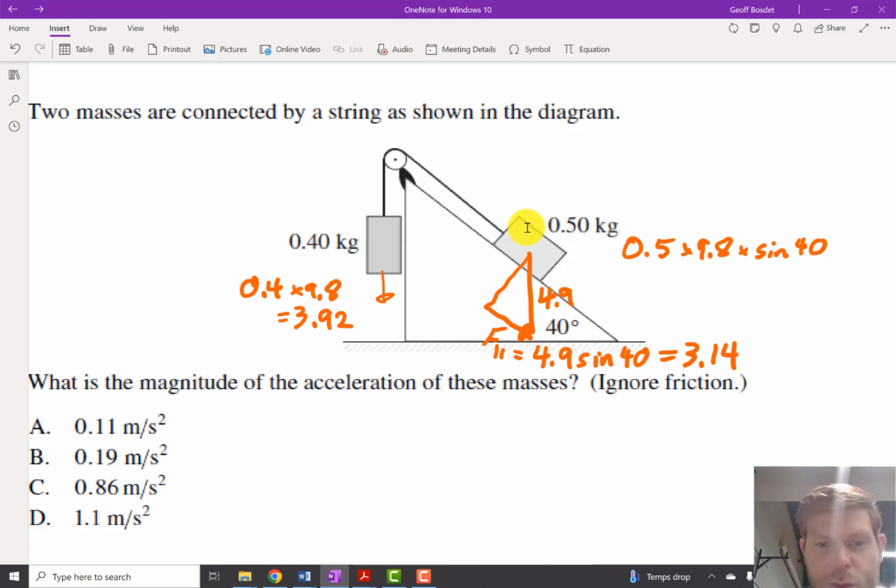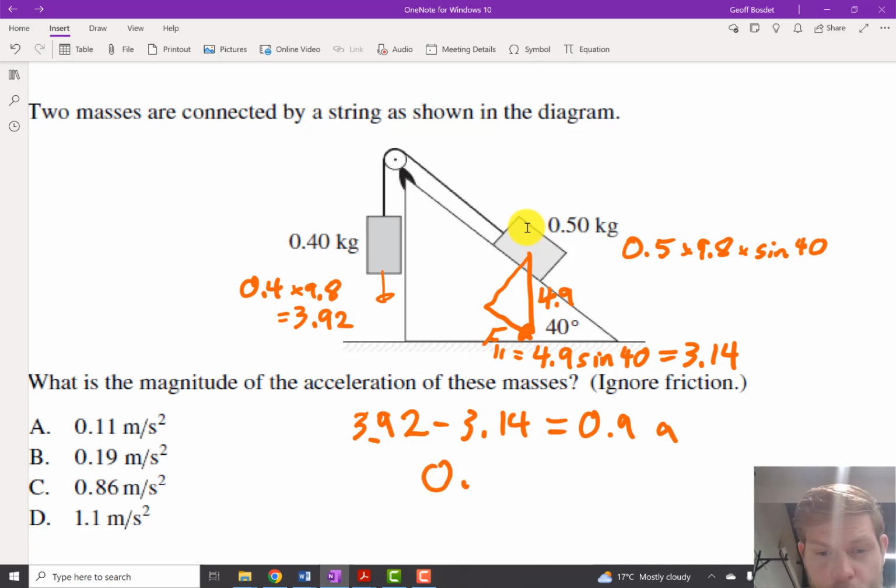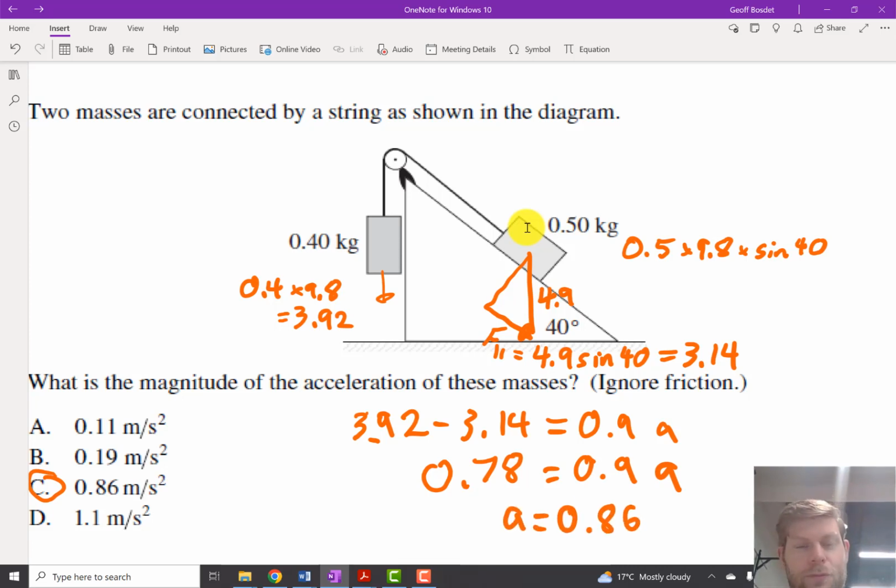But there's no friction here, so we're just going to do this minus that. 3.92 minus 3.14 gives us 0.78, equal to our total mass, because we're doing a whole system, so 0.9 times A. If I were to hazard a guess looking at these options, I'm going to guess it's this one. So A equals 0.86. Thanks for listening.